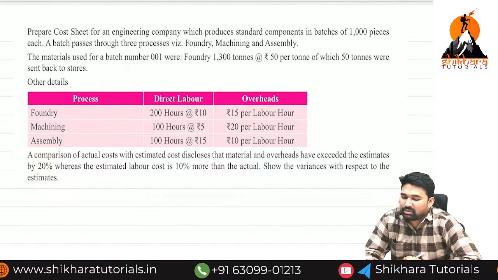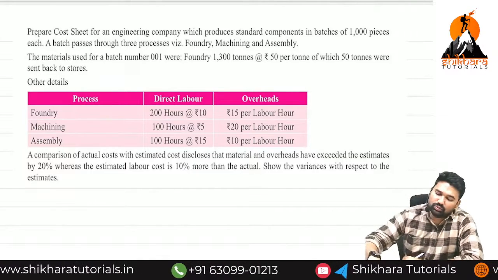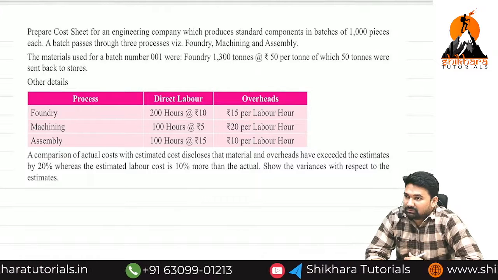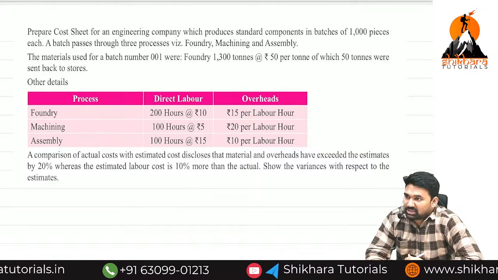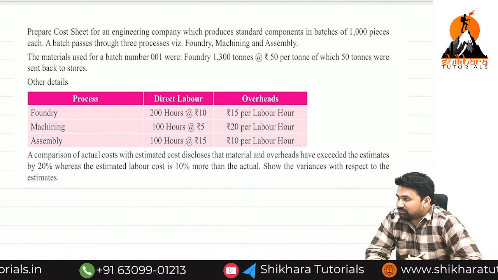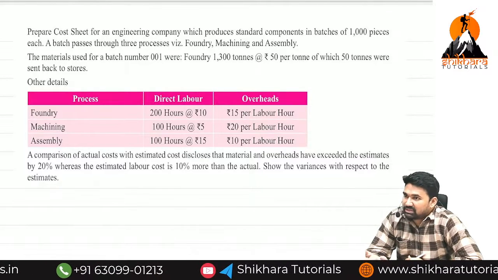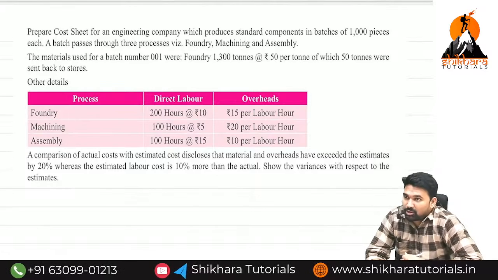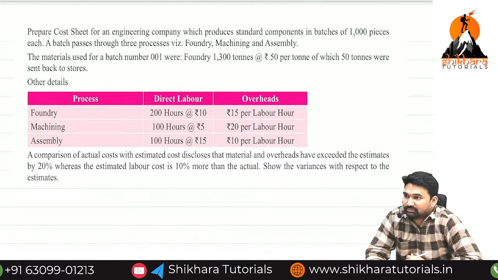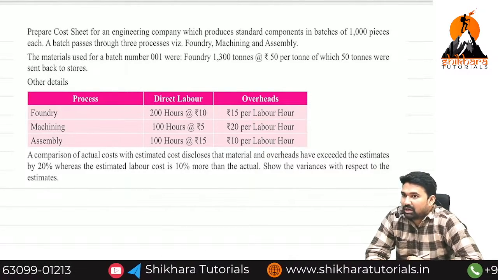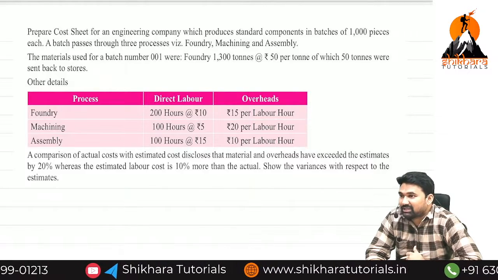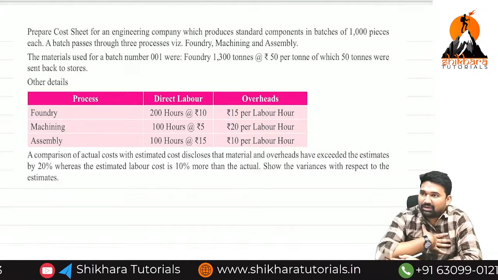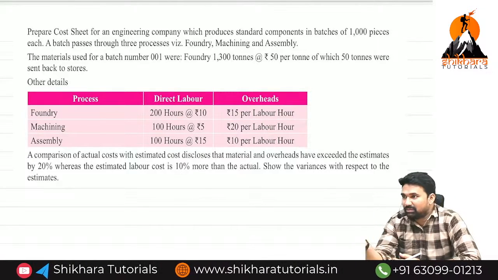Say for example, your mom gives you 100 rupees and tells you to buy some groceries from the nearest grocery shop, and after purchasing you return 10 rupees to her. That means how much is the expenditure? 90 rupees. How did you know the expenditure? Because your mother gave 100 rupees and you returned 10 rupees.